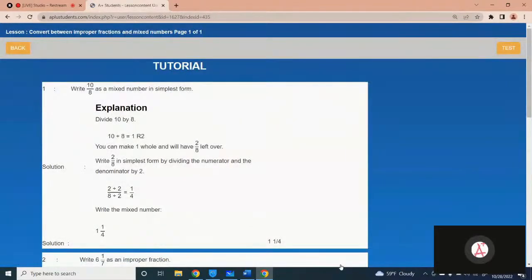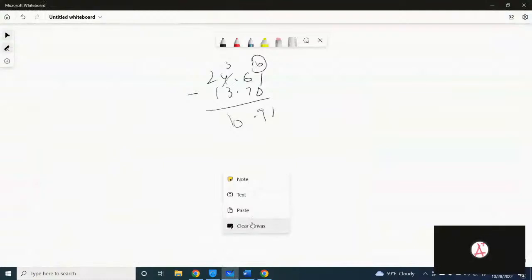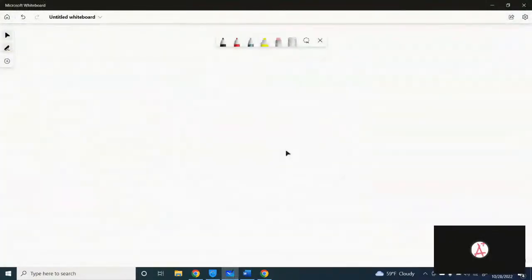Okay, so the first example is: write 10 over 8 as a mixed number in simplest form. Got it? You have to write 10 over 8 in simplest form. So 10 over 8 is 10 over 8. Okay, first you have to see if we have a common number that can divide both numerator and denominator.